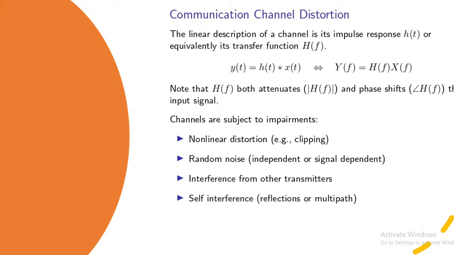Now if you take the Fourier transform of both sides, y(t) becomes capital Y(f), h(t) becomes capital H(f), and x(t) becomes capital X(f). Now what happens to the convolution? As you know, convolution in the time domain is multiplication in the frequency domain, and vice versa.